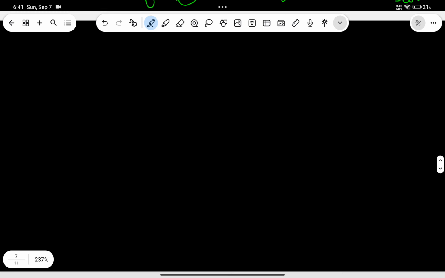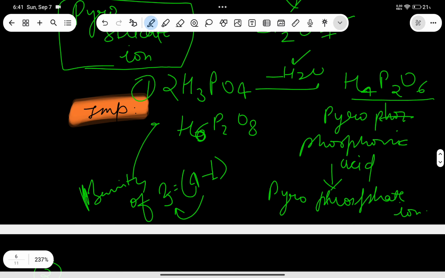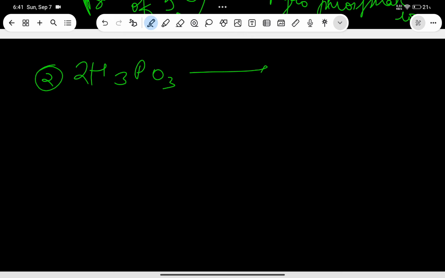Alright, coming to the next acid, which is the second one. This was the first one. Second is H3PO3. Removing one water we get H4P2O5.